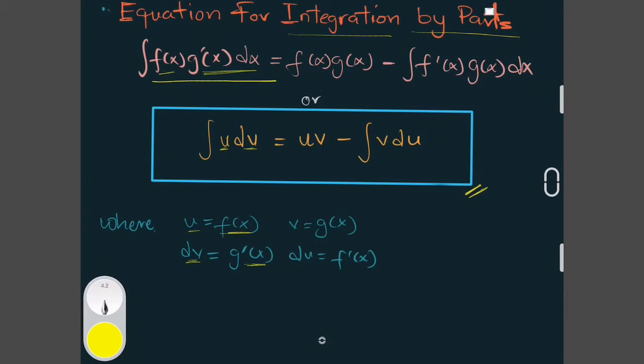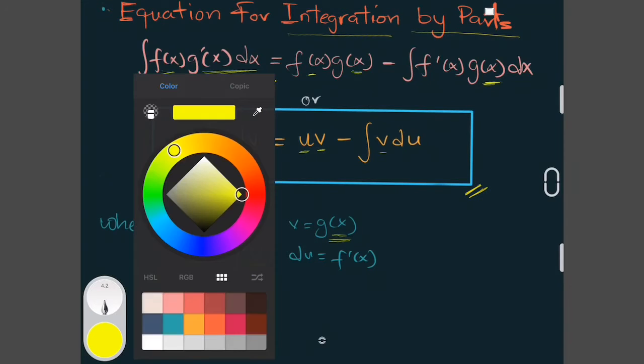Then we have uv, because u is f(x), and if dv is g'(x), then v must be g(x). So we have v, which is g(x), and f(x), minus, so again we have v, which is g(x), and we have f'(x).